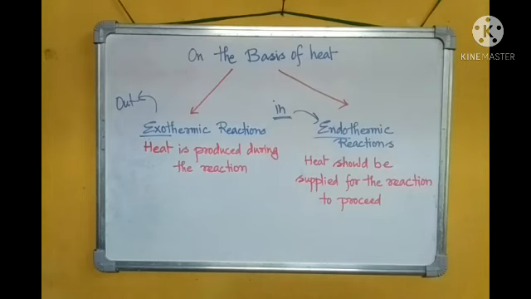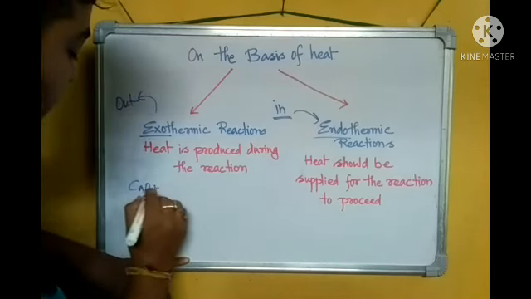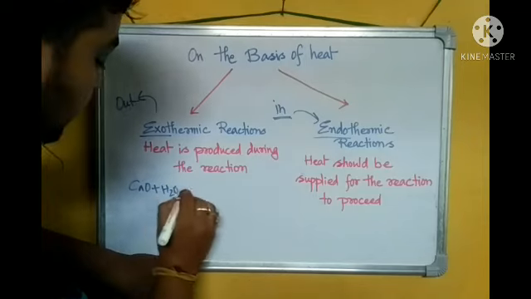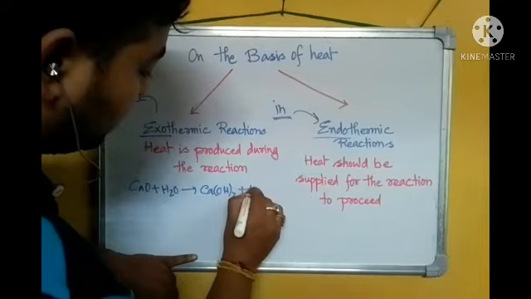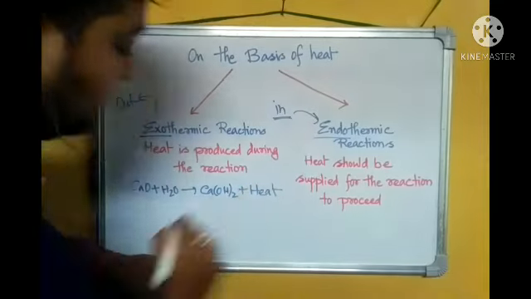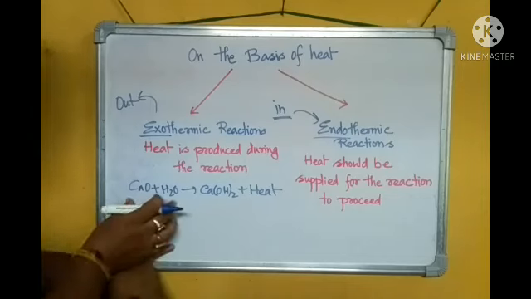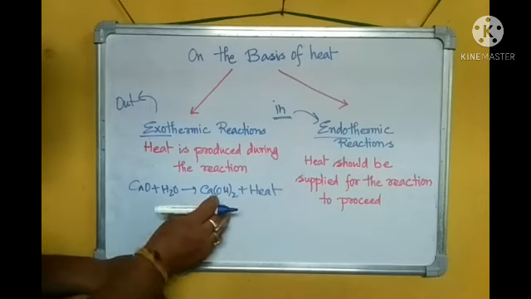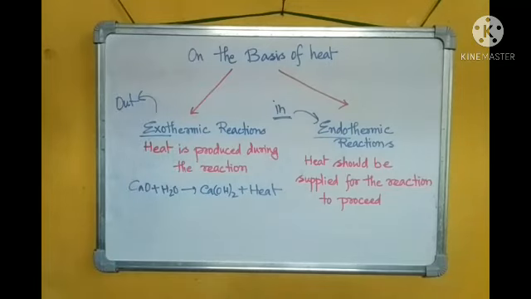We have already seen an example: calcium oxide plus water gives calcium hydroxide plus heat. The two reactants react, giving a product and also heat. So this is an exothermic reaction.